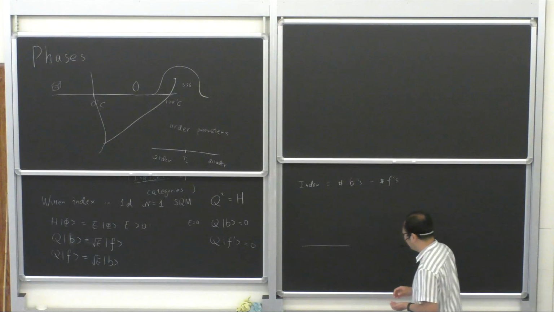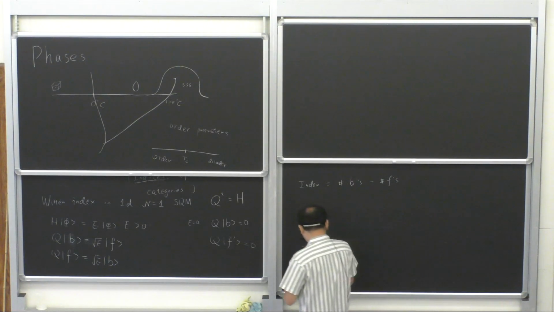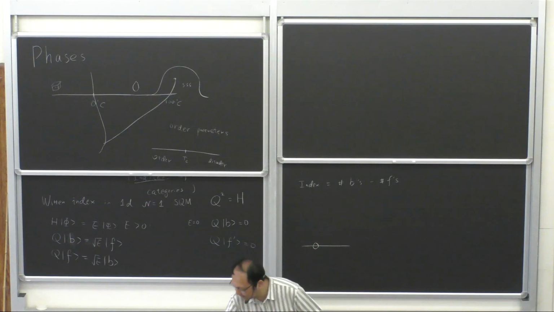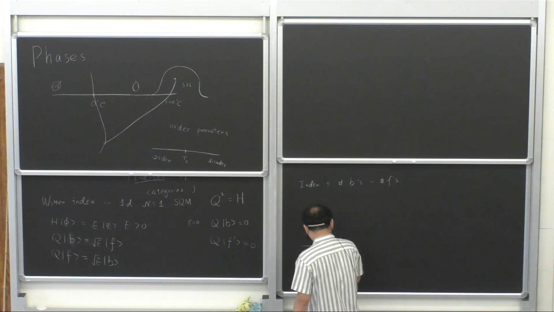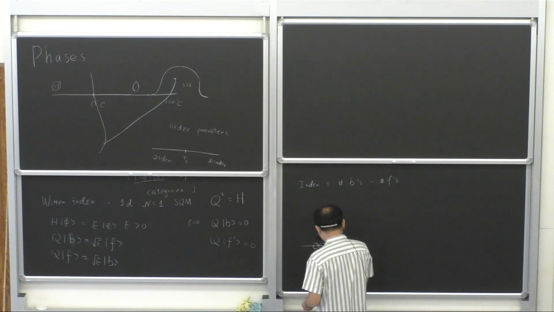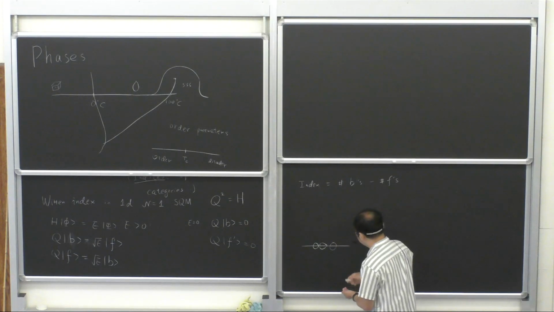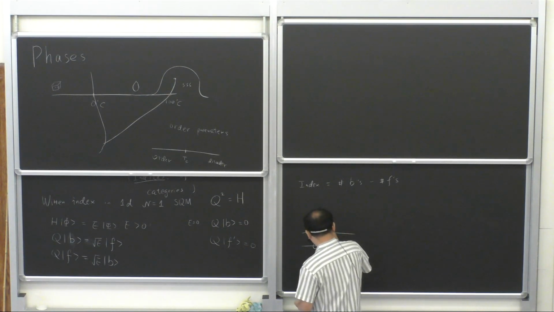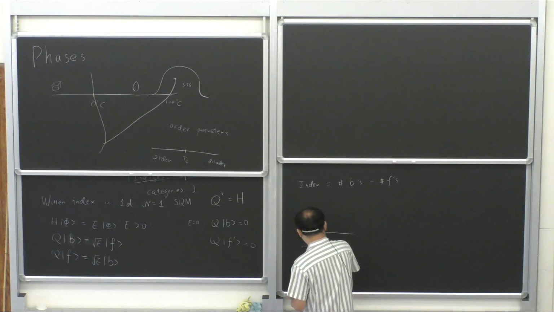And it's protected in the sense that now, if you have a number of bosonic and fermionic states, for the states with non-zero energy, they have to come in pairs.